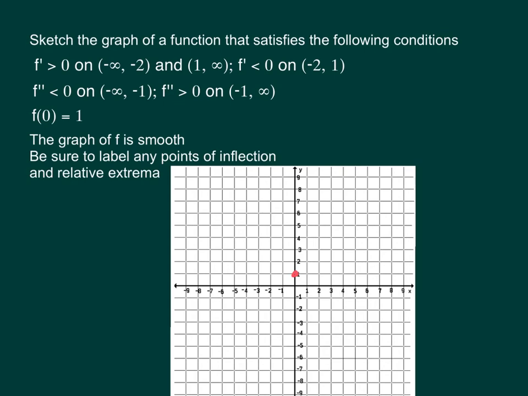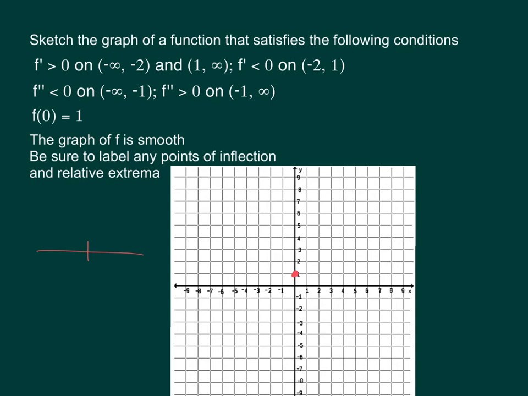Next, I like to do anything involving the first derivative. So it looks like the first derivative is going to change from being positive to negative at -2. So if the derivatives go from being positive, let's just draw it out over here, in terms of the first derivative test idea.